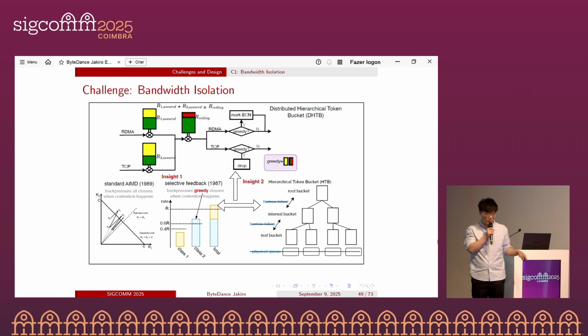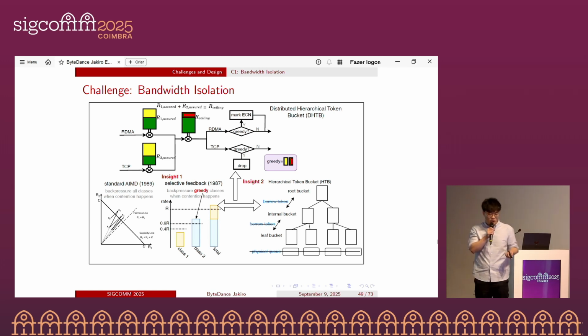And in DHTB, these token buckets act in an independent manner by just assigning color tags to the packets. So those two leaf buckets will determine if the stream class surpasses its predefined ratio, and the root bucket will determine if the congestion happens or not.